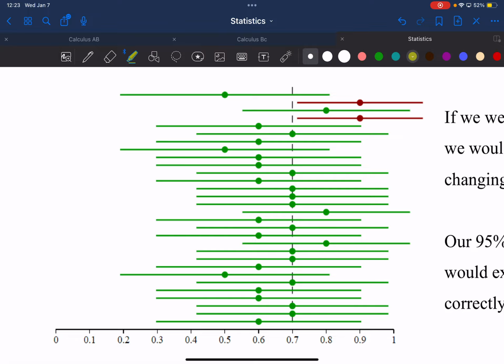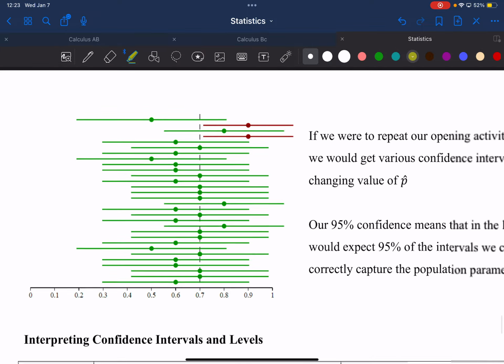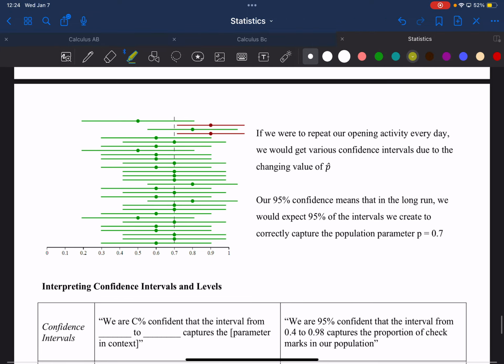So this is saying that if we took all of those confidence intervals, put it on one graph as a confidence level, we should see that 95% of all the intervals are going to correctly capture the population parameter of 0.7, which is what we were trying to find in our simulation yesterday.